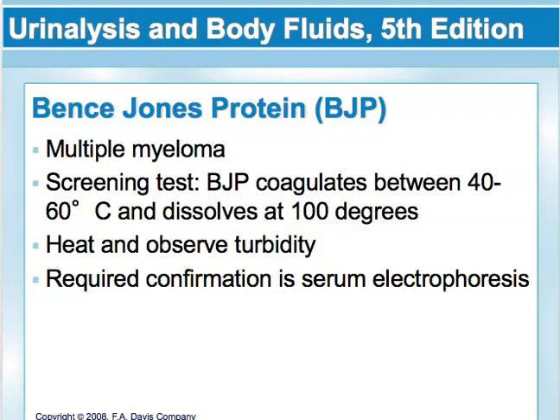So a sample that is turbid at 40 to 60 and clear at 100 degrees Celsius can be suspected of containing Bence-Jones proteins. And there is confirmation testing for Bence-Jones proteins, and that's done by serum electrophoresis and immunoelectrophoresis.